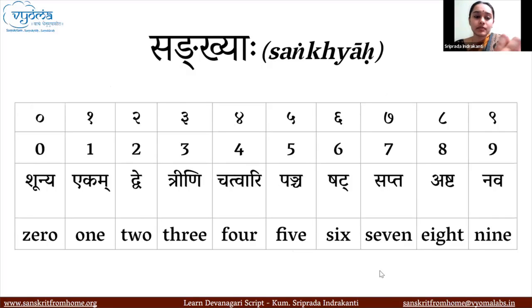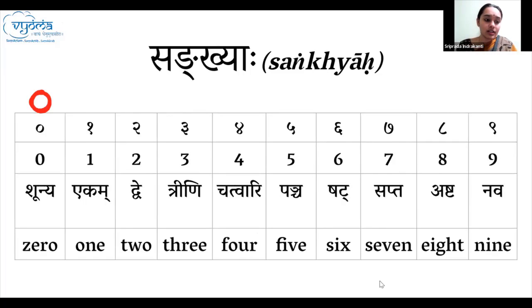So look at 0. It's just written similar to the English 0, but it's written circular. It's not written oval. It's written as a circle. And then 1. 1 is written like this. 1 can also be written like this, straight, a little bit like an English 9.